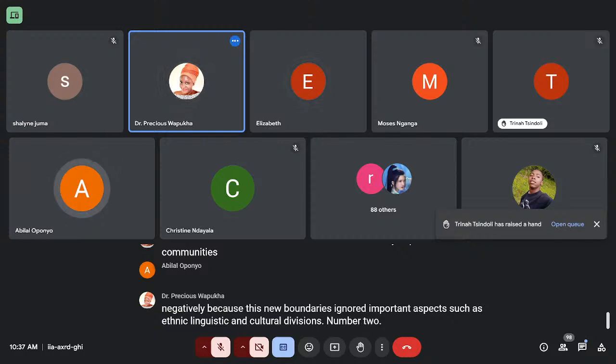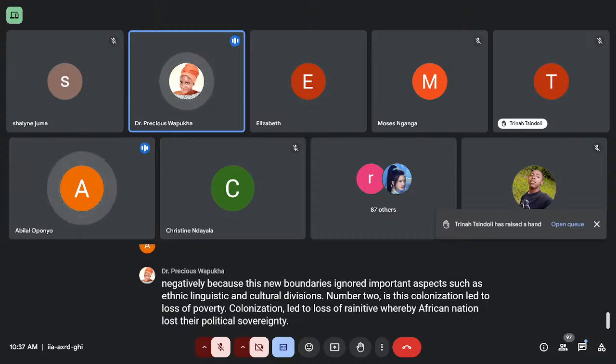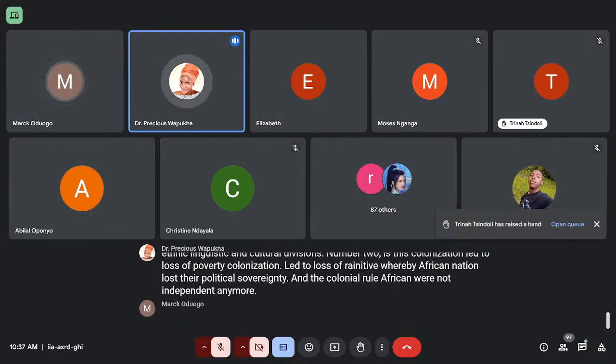Number two, colonization led to loss of sovereignty, whereby African nations lost their political sovereignty under colonial rule. Africans were not independent anymore. They were dependent on European powers.